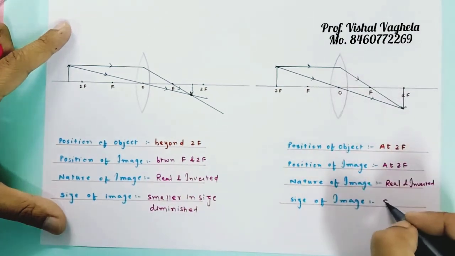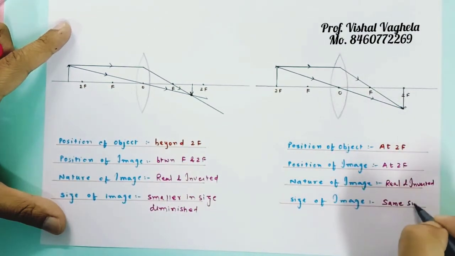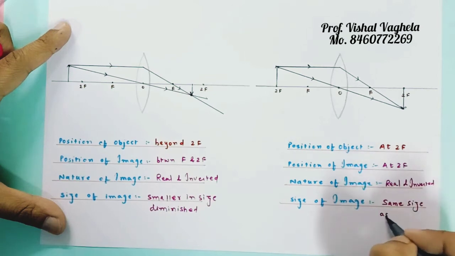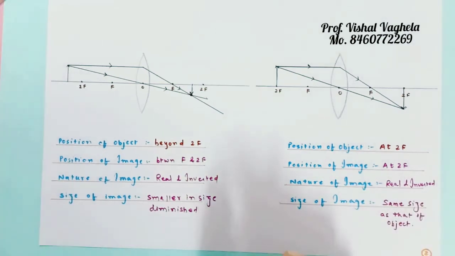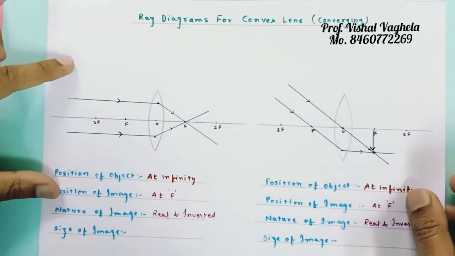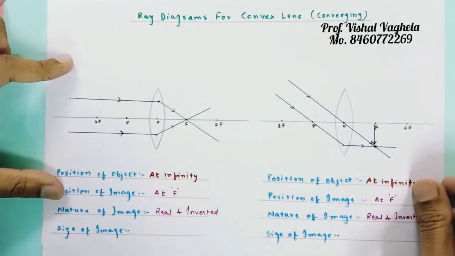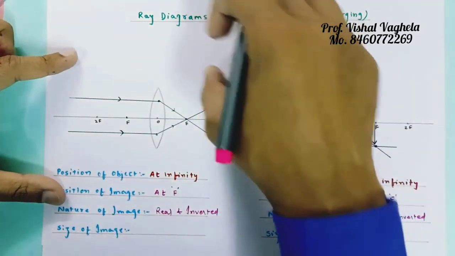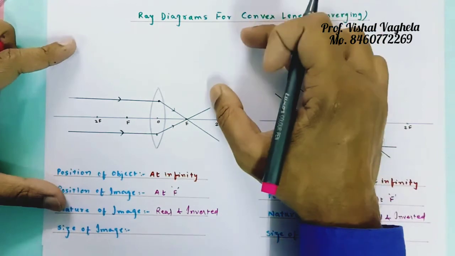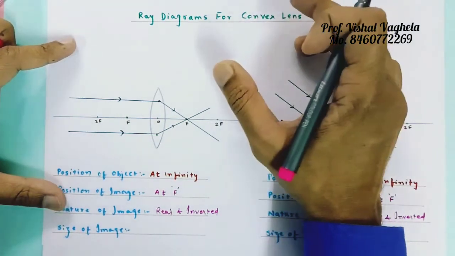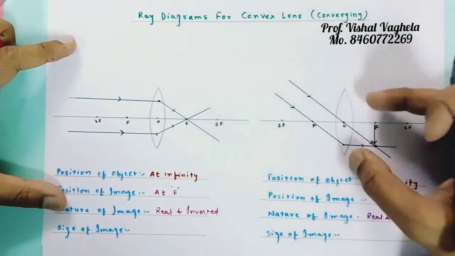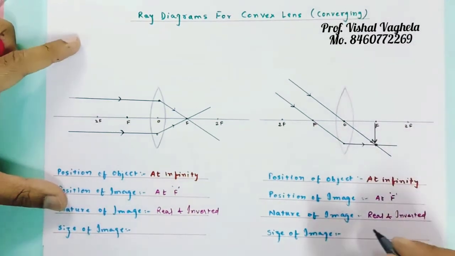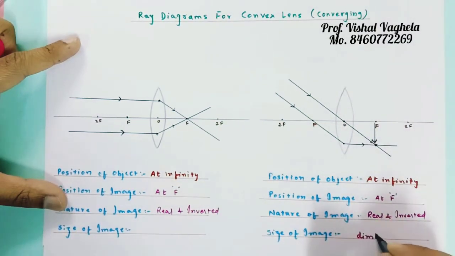Here, same size as that of object. Now over here, in this particular case, look at this one, the rays are coming from infinity and the objects at infinity are like sun and moon. So compared to that, this image is very small. So we will write down over here as diminished.